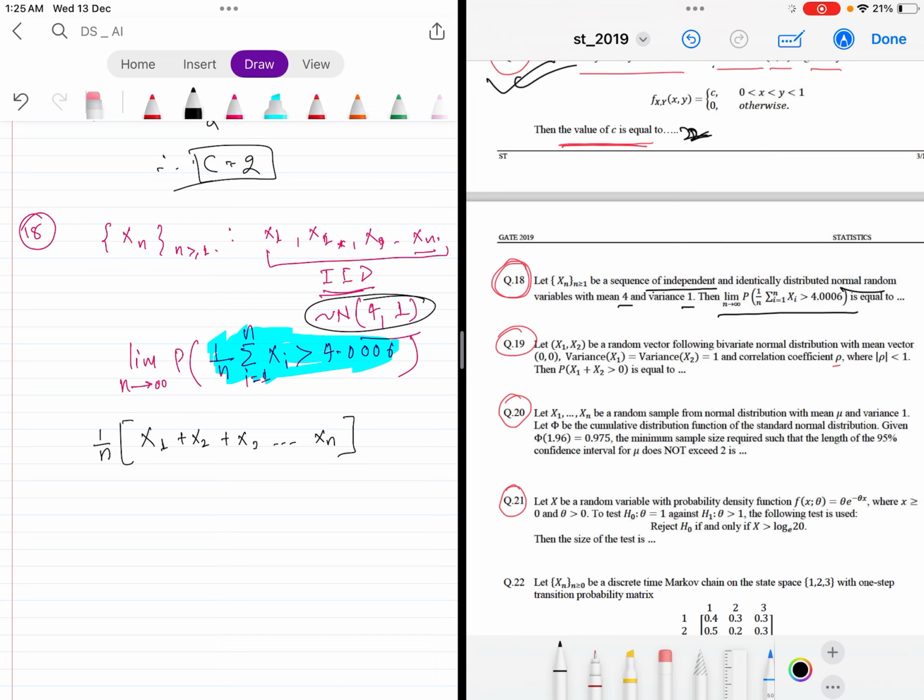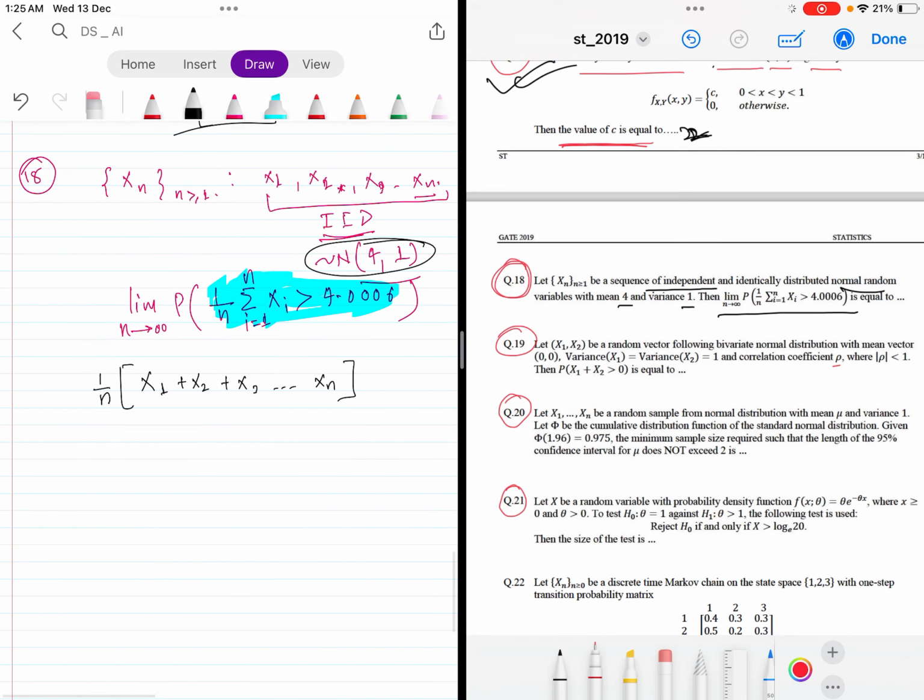Now you have to know that if you add two normal distributions, let's suppose X1 is normally distributed with mean mu1 and variance sigma 1 square, and the second is normally distributed with mean mu2 and variance sigma 2 square.